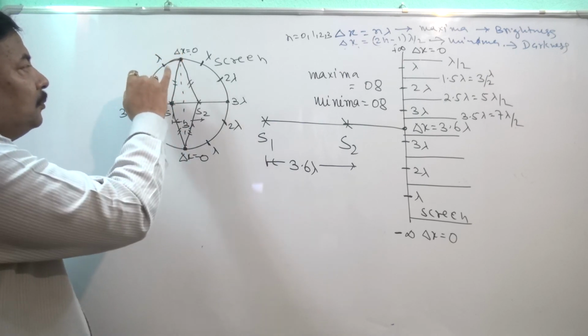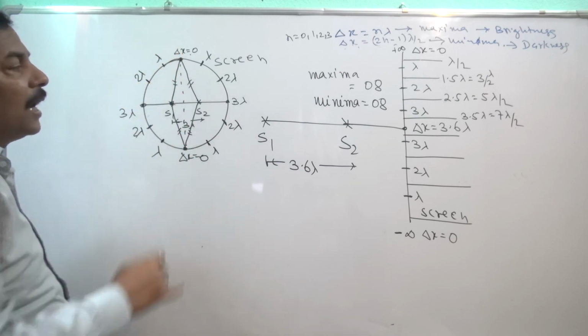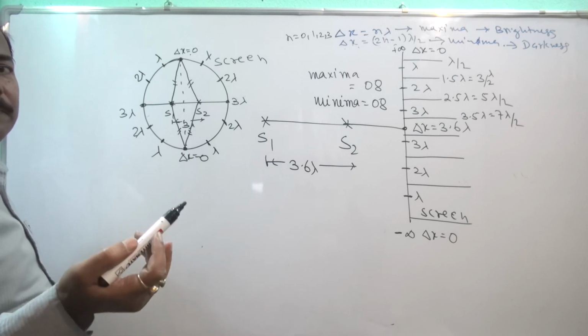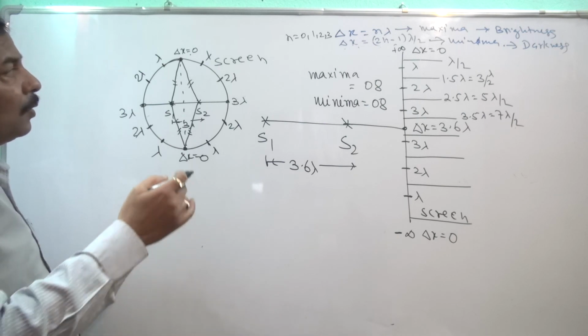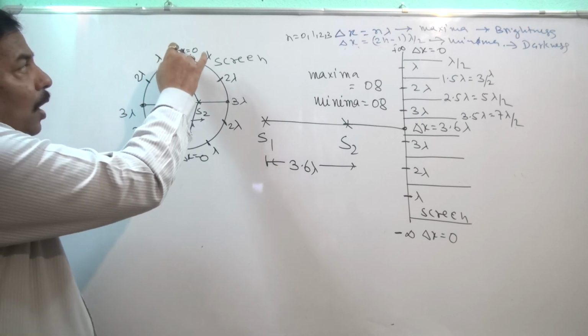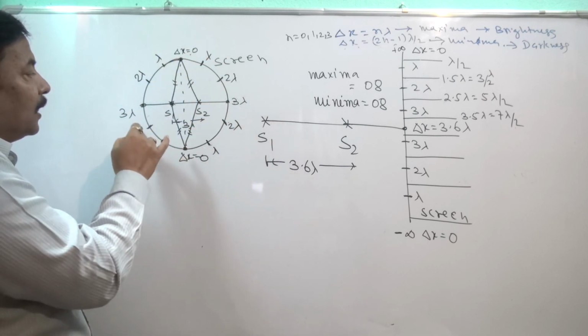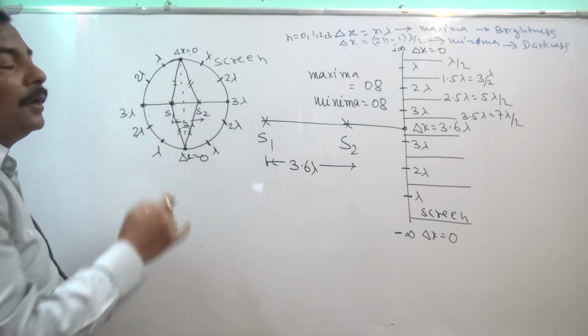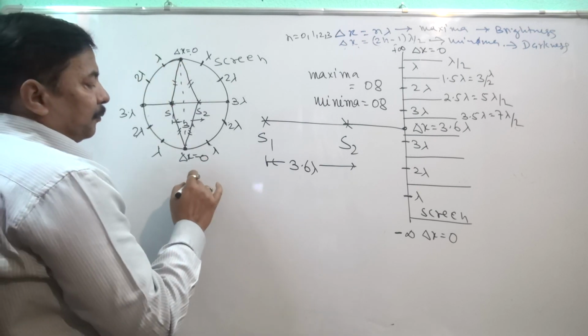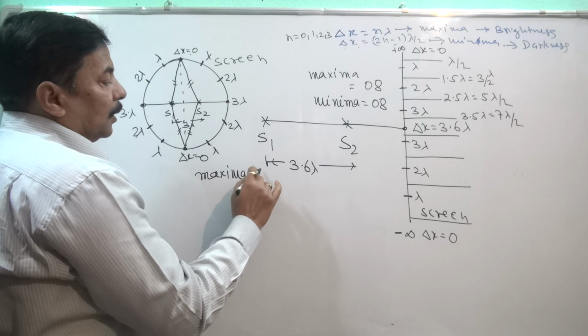Now the problem becomes simple. Number of maxima: 1, 2, 3, 4, 5, 6, 7, 8, 9, 10, 11, 12. So number of maxima is 12.